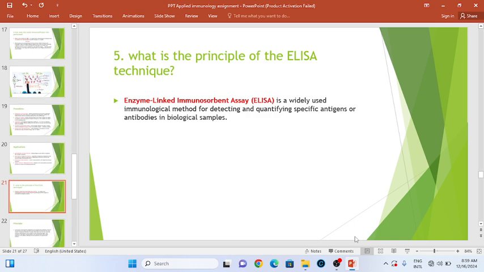Let me go to the last question, which is asking about the principle behind the ELISA technique. First of all, ELISA is enzyme-linked immunosorbent assay, an immunological method used to detect and quantify specific antigens or antibodies in a biological sample.